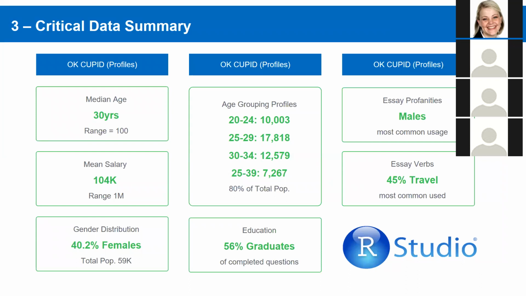Our age groupings between 20 and 24, 25 to 29, and 30 to 34 are our primary user base. 56% of our users have graduated in some form or another, whether it be from university, a master's degree, or a PhD.